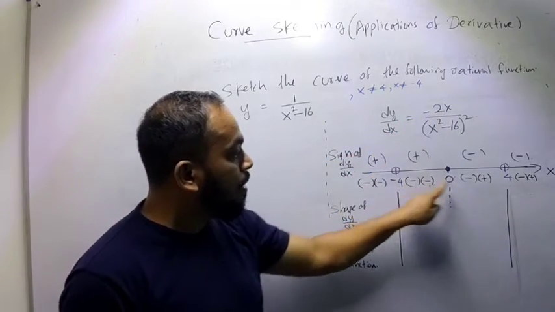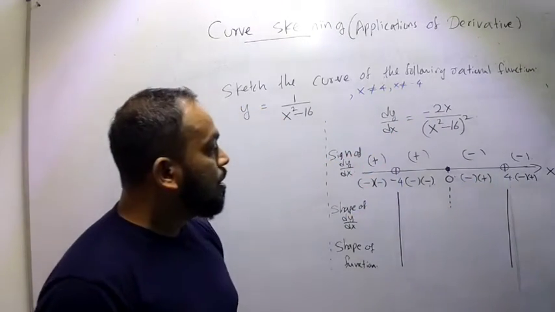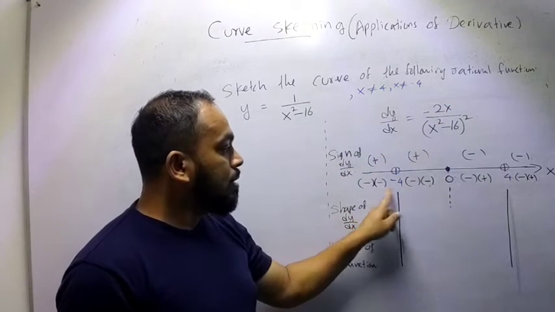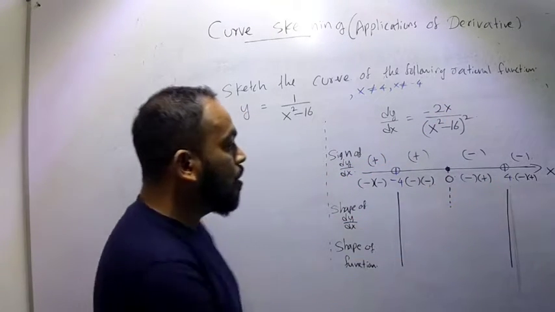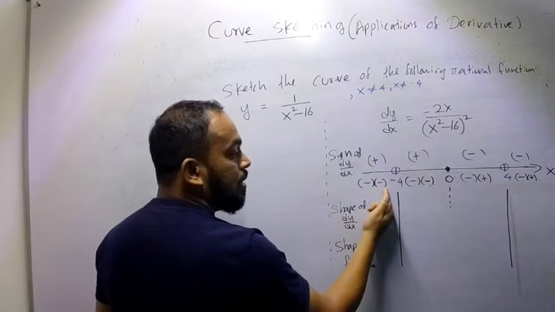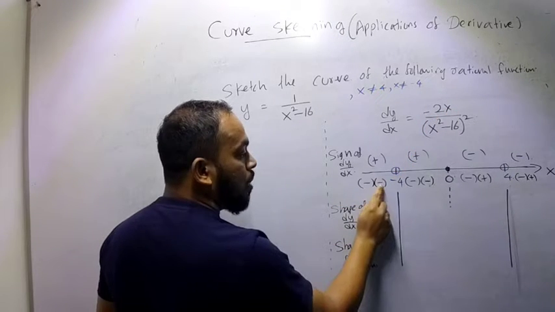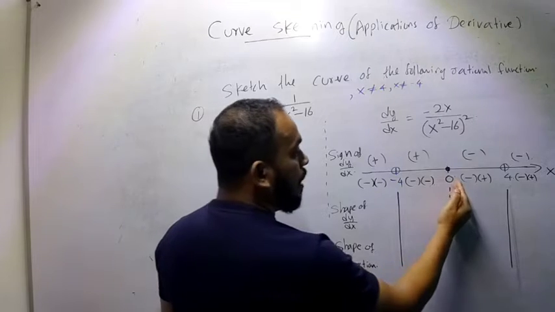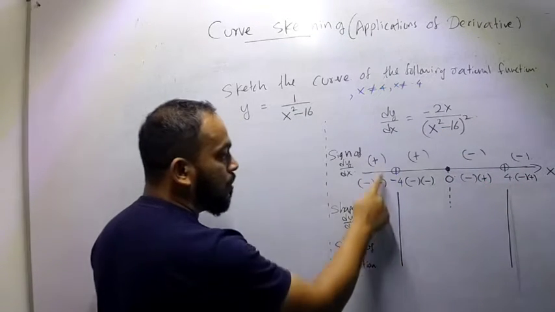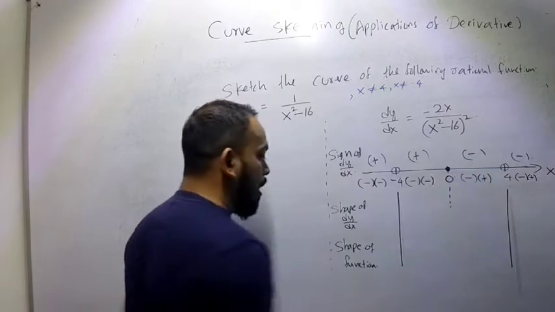So I put negative here in all cases. Then I count the sign of x in this factor, right? When we are less than 0, that means x should be negative. So I put negative here. When x is greater than 0, x is positive, so I put positive. That gives me positive, negative.